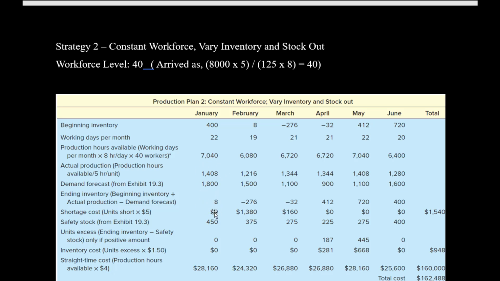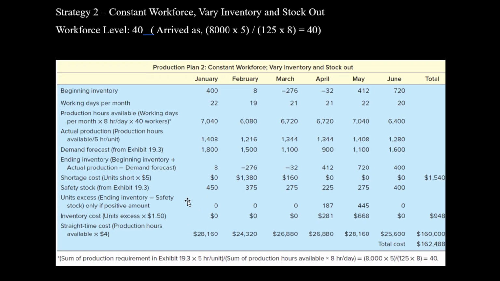The safety stock is 450, which is calculated earlier, 0.25% of the demand, but in this case we do not have enough leftover for the safety stock, right? So we do not have any excess inventory left over, so even the inventory cost will be 0, because whatever is there will be part of our safety stock.